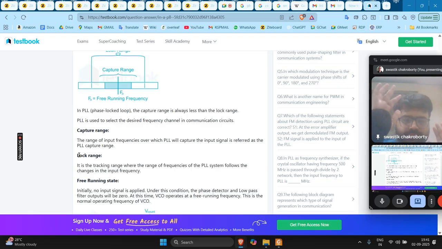So it is kind of tracking. If your input frequency changes, the output frequency will change by the same amount. So there is a difference, but that difference is constant.